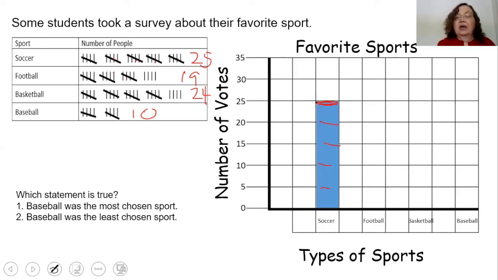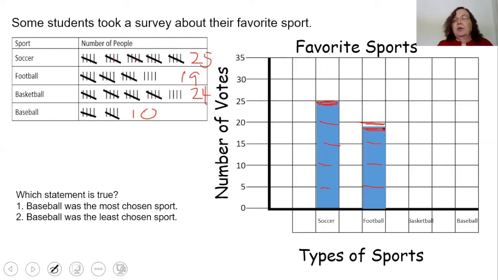Well, let's try. 5, 10, 15, 20. If I go all the way up to the top, it'll be 25, or there I'm at 20 and I only need 19. So I can't go all the way up there, probably a little bit below it. So let's color it. Beautiful. Okay, a little bit under there because 19 is a little under.